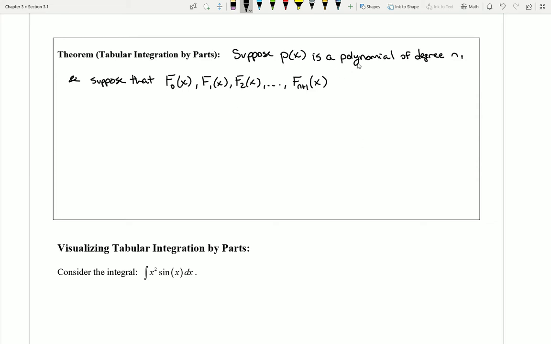Now, if p is a polynomial function, what the heck are these f functions?